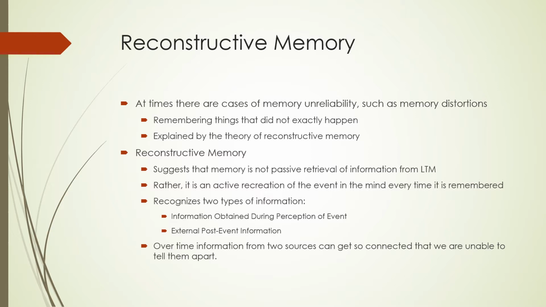And it does recognize two types of information, both information obtained during perceptions of the event, and then external post-event information. And so over time, information from the two sources can get so connected that we are unable to tell them apart. So for instance, let's say that you were playing in a basketball game and you thought you were playing really well, but when you came off the floor, another one of the players told you that you stunk, right?